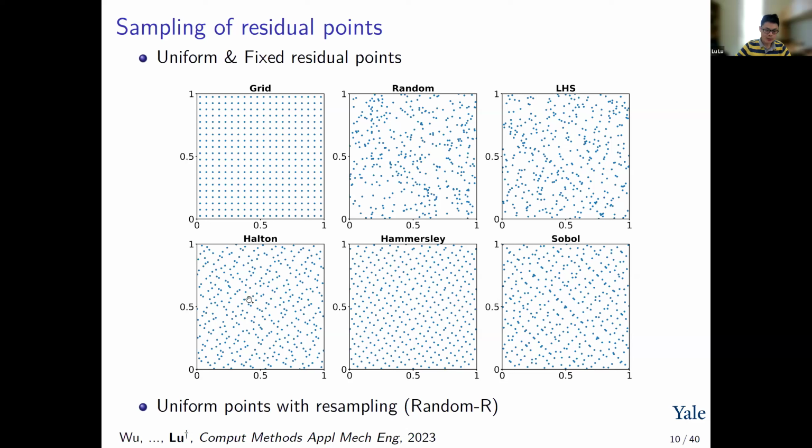They have a deterministic way of sampling, but it looks like random. So we can apply all these different sampling methods for PINN training, and they have different performance. And I will show you later in a figure. So indeed, the different sampling have different performance. The grid sampling actually does not work well in many different cases.